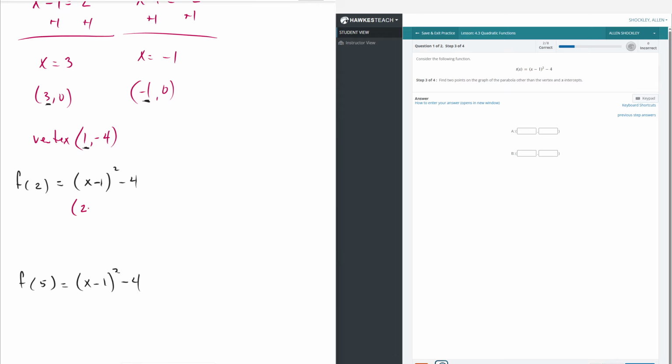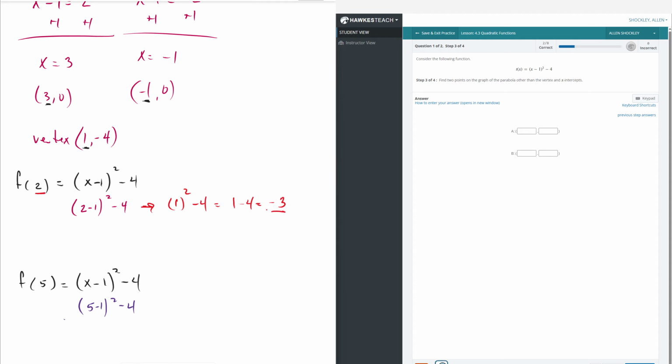So I got 2 minus 1 squared minus 4. And down below I have 5 minus 1 squared minus 4. For this one, 2 minus 1 is 1 squared minus 4. 1 squared is 1 minus 4 is negative 3.